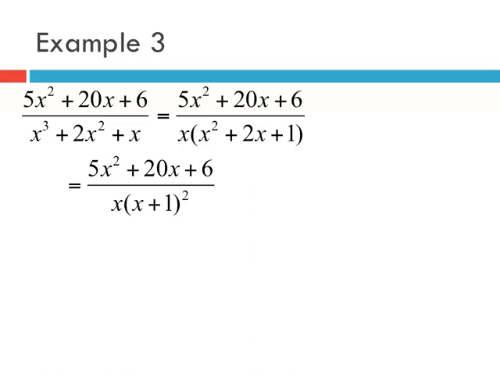Since x has a multiplicity of 1, we can work with that the same way we have with the last 2 examples. So we can write that that's equal to a over x. However, because there are 3 factors, we need to have 3 fractions. For the next fraction, the denominator will be x plus 1. But for the last one, it's not going to be x plus 1 as well.